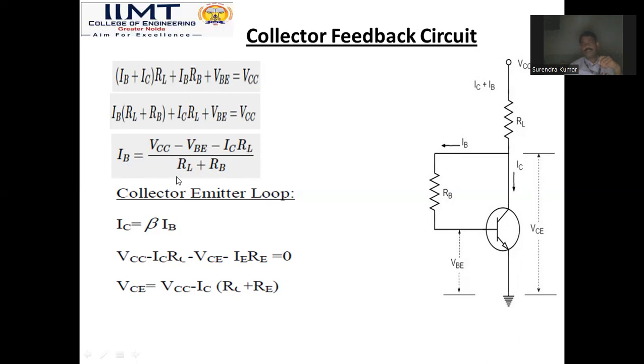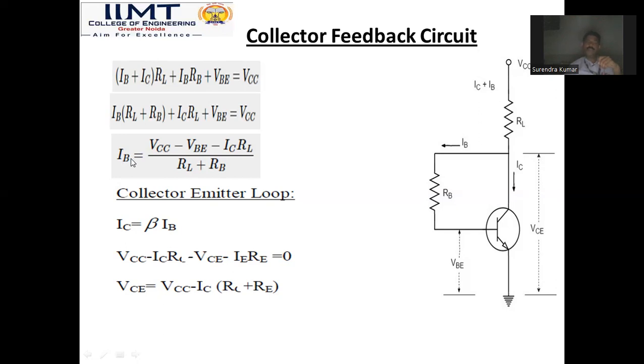In this expression, this is very, very important: in this second biasing circuit, the base current depends on collector current because of this feedback part. Now, if we have the base current, we can simply find out collector current IC, that is beta IB, a very basic collector current equation.